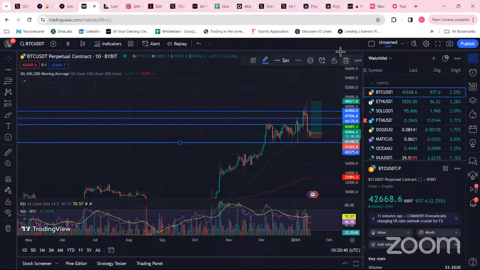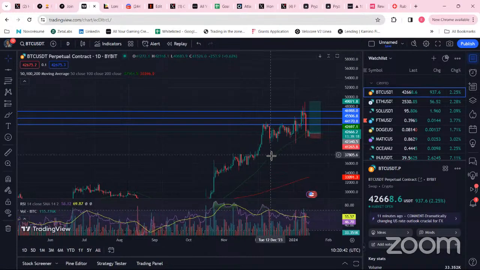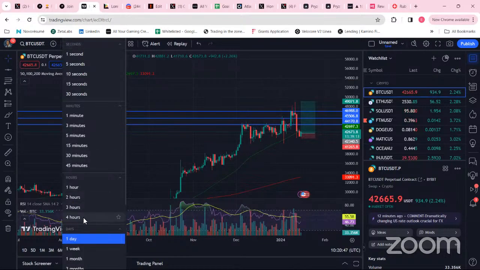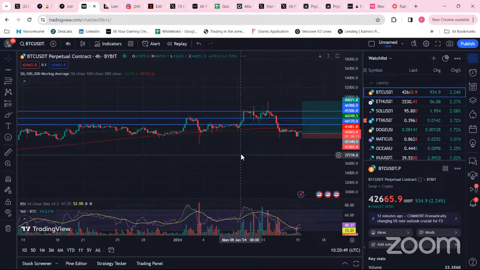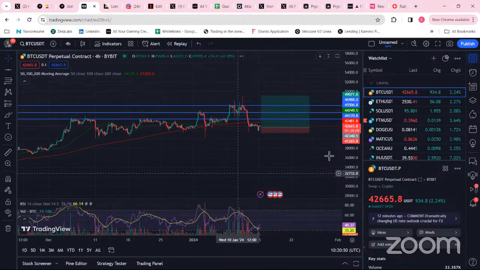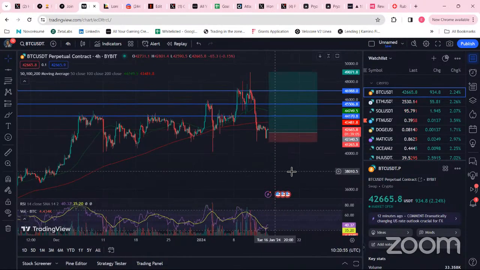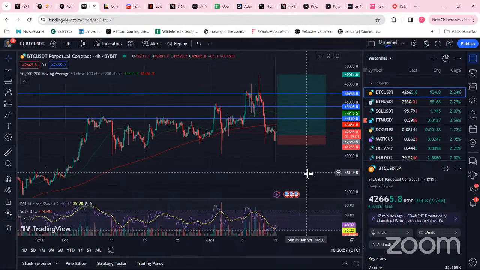I think BTC is still very cool. The price action is still very normal and very consistent. There's no cause for panic.